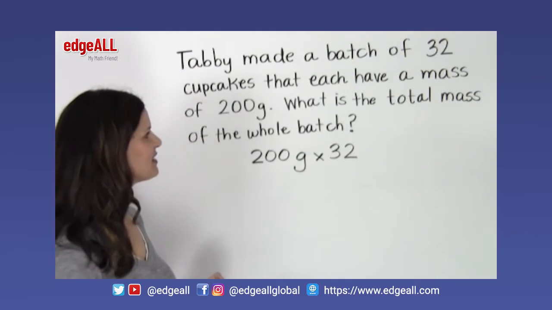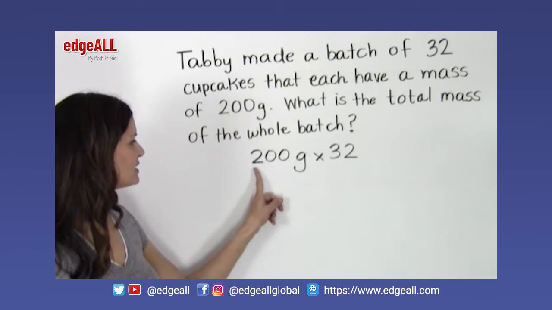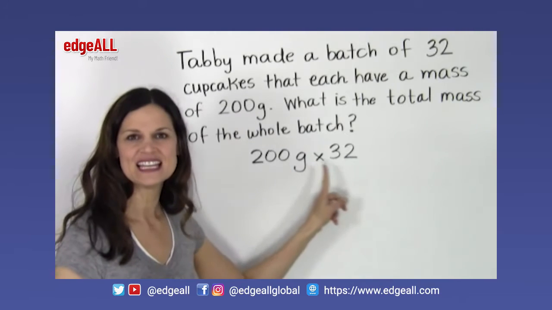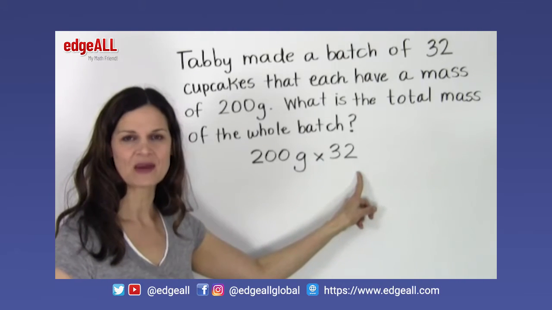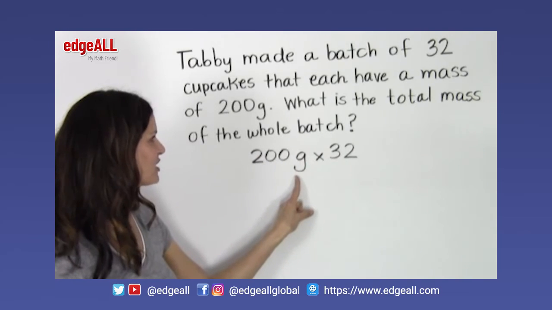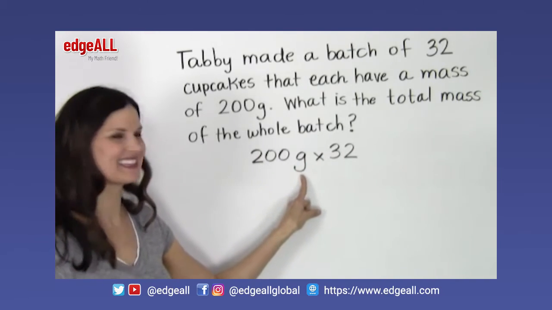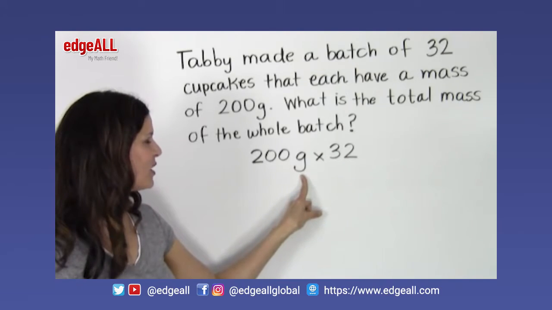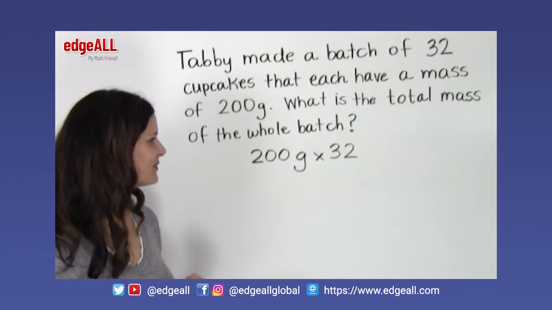And so to do this, we are simply going to multiply 200 times 32, and we're going to be sure and retain the unit of measure here, the grams units that we have in our problem when we give our final answer.